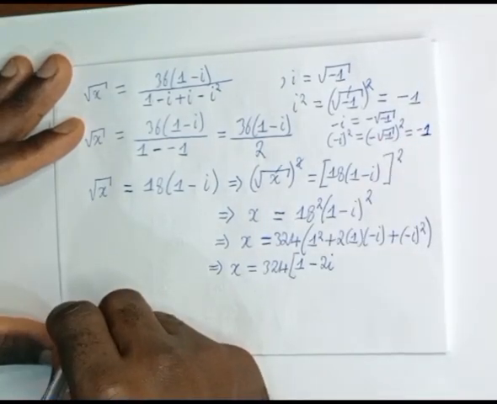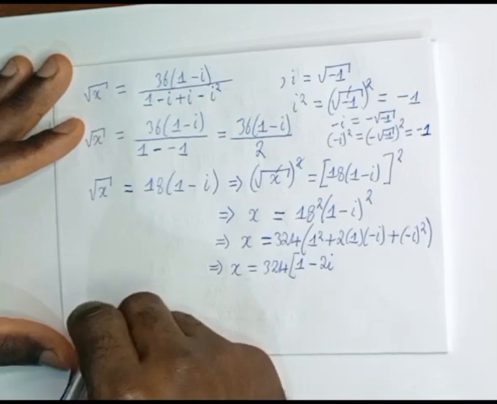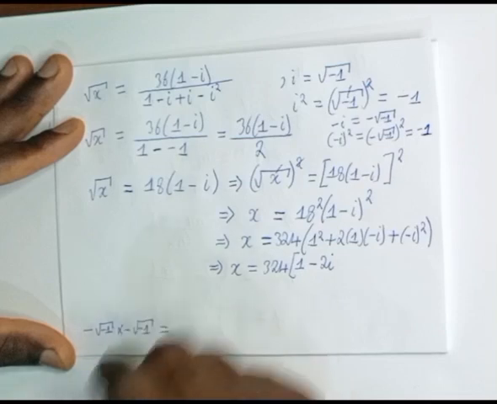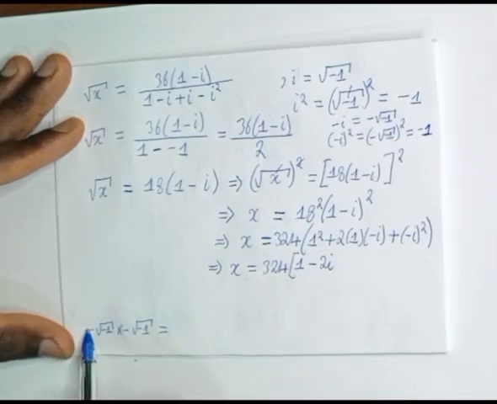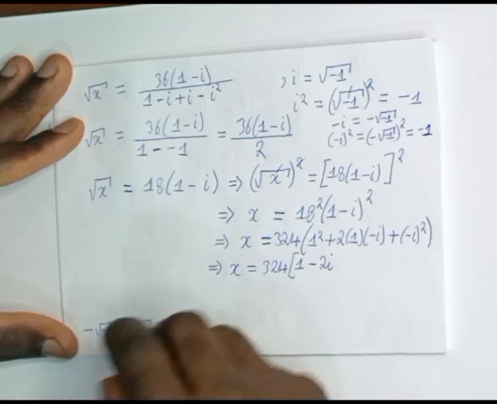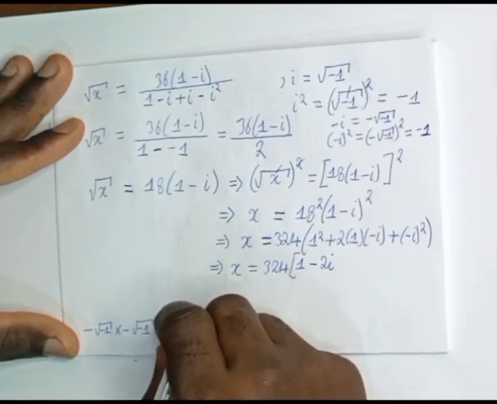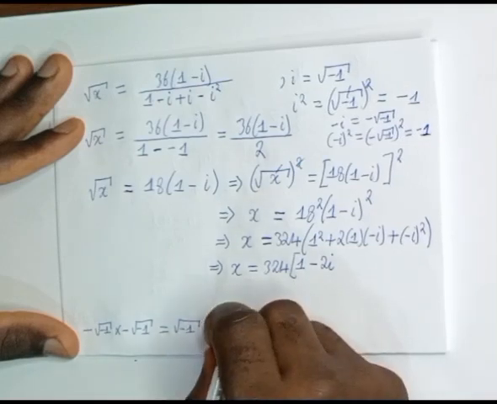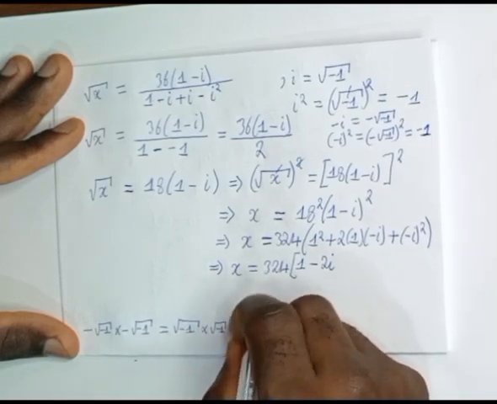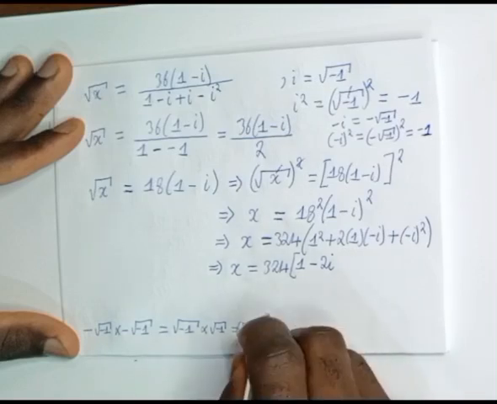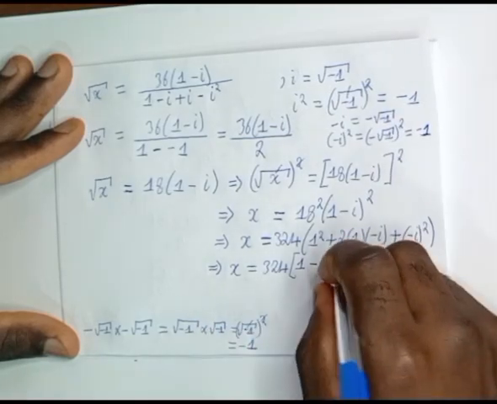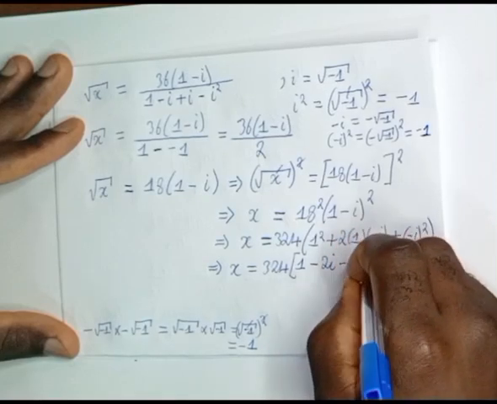Let's verify it here. Negative negative gives positive. We'll be left with the square root of negative 1 times the square root of negative 1, which is simply equal to the square root of negative 1, all this squared. This and this strikes off, we'll be left with negative 1, which is true. Write down negative 1, close the bracket.